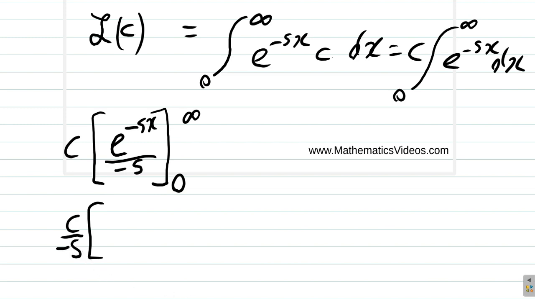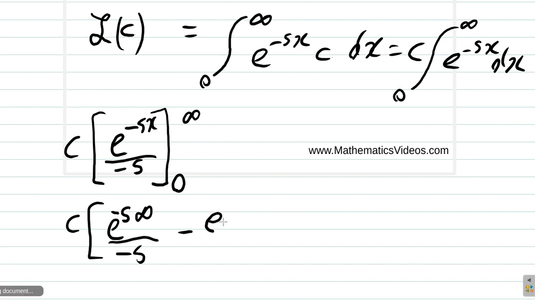You could do that, but let's keep it for now. Remember, you're going to substitute the upper boundary, e to the negative s times infinity over negative s, minus e to the negative s times 0 over negative s.